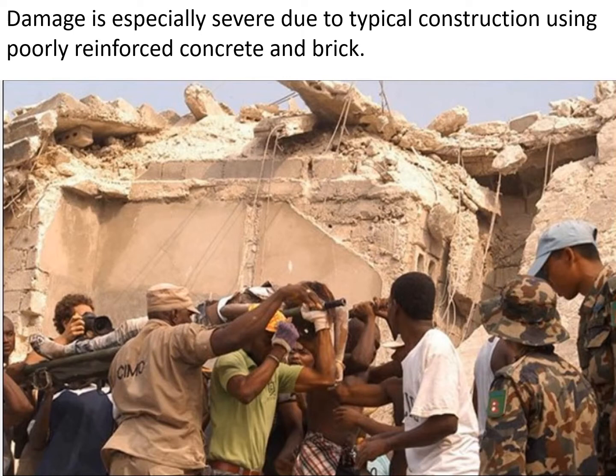Now, there's a couple of reasons why these buildings in Haiti were built the way they were. First off, we need to understand that Haiti is the poorest country in the Western Hemisphere. And so in a lot of cases, the people just couldn't afford better construction materials.